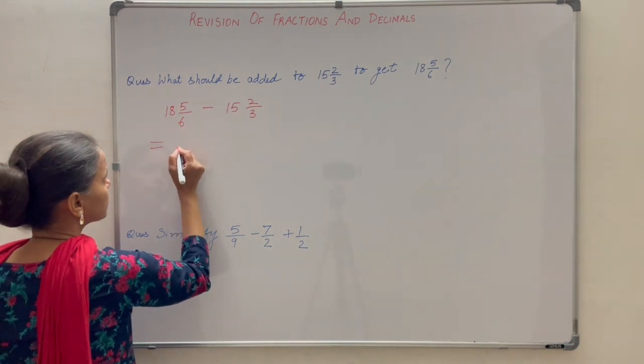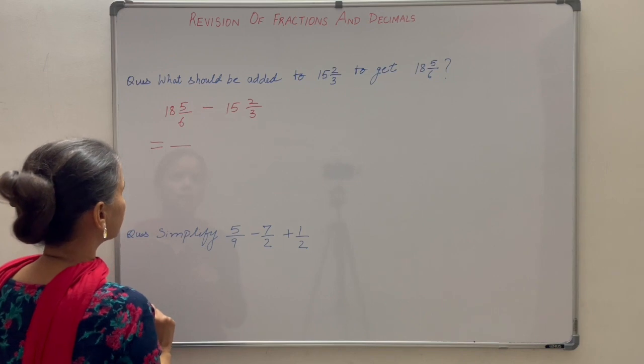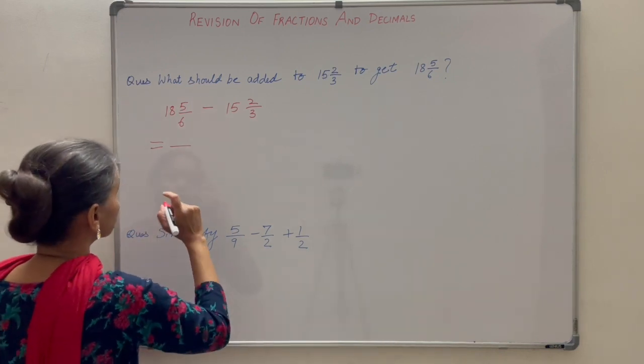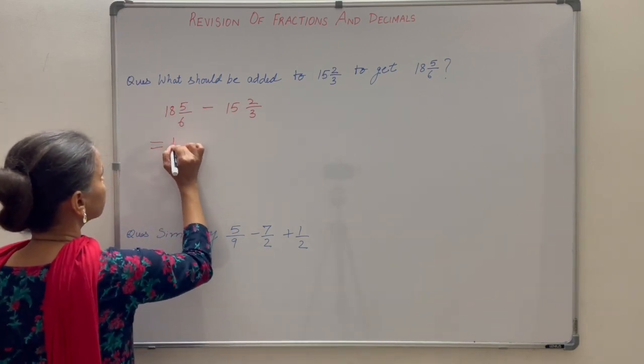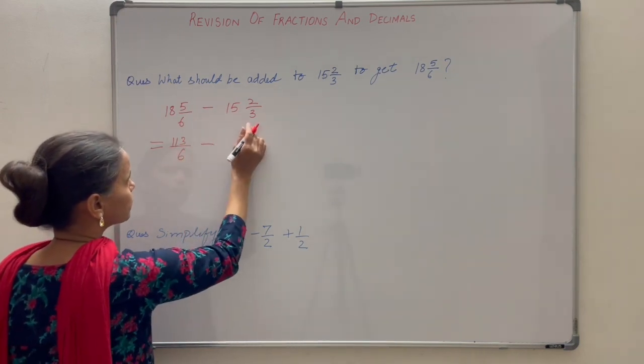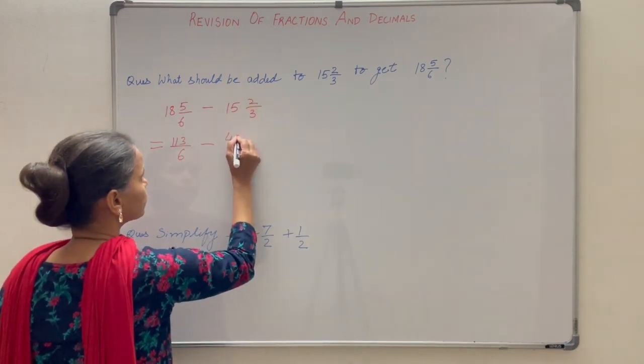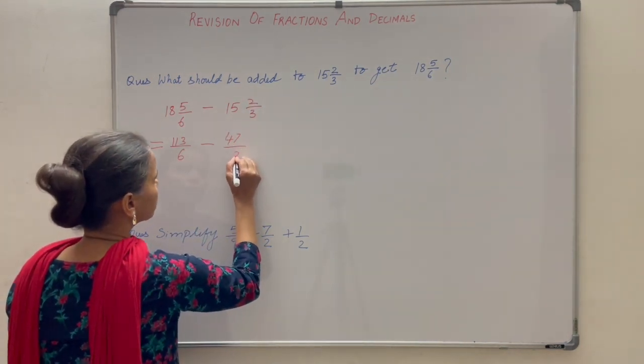So 18 into 6 is 108. 108 plus 5 is 113 upon 6. Here 15 into 3 is 45. 45 plus 2 is 47 upon 3.